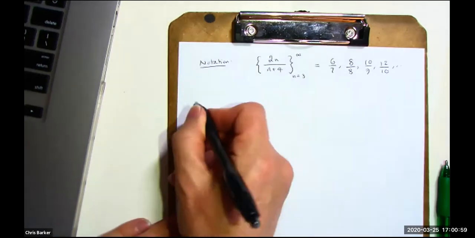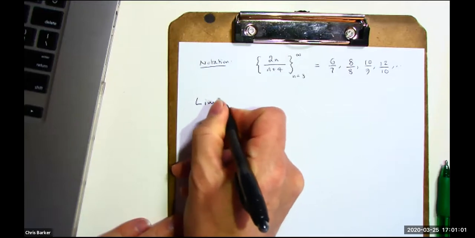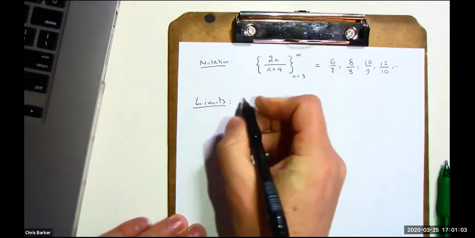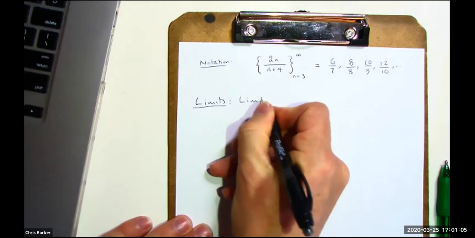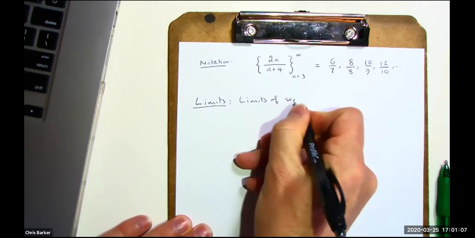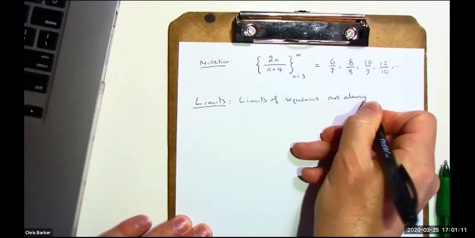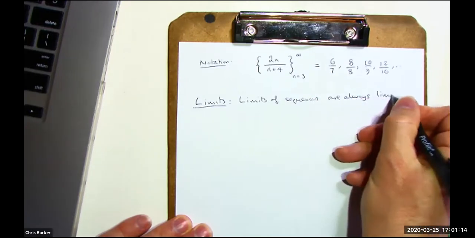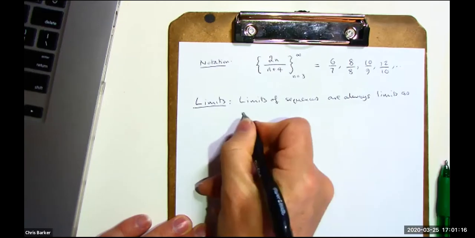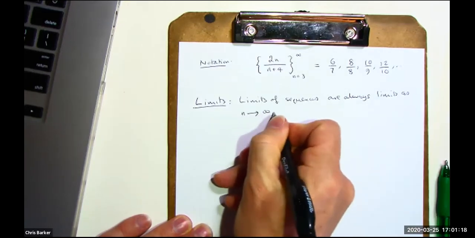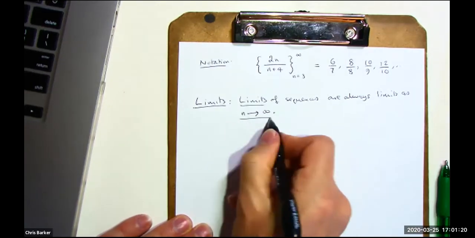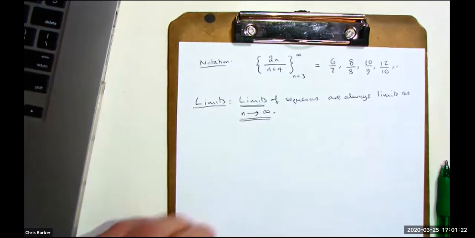All right. So now limits. Limits of sequences are always limits as n approaches infinity. There's no exception to that. They're always going to infinity when you do the limit of a sequence.